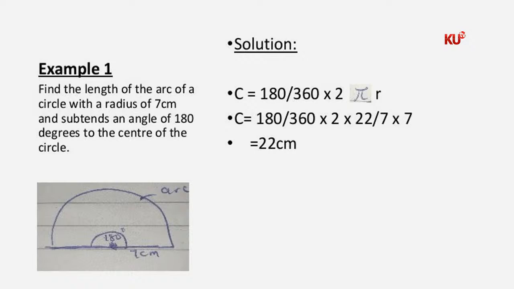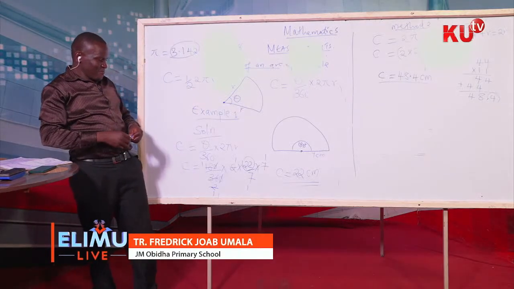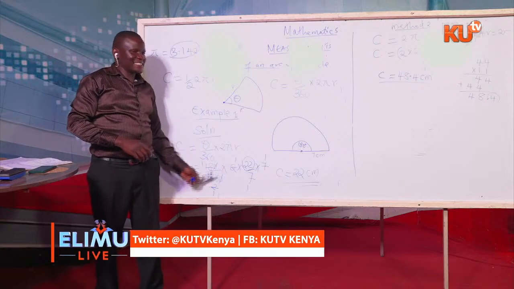So the length of our arc is 22 centimeters. And the arc that we were given has formed a semicircle. The circumference of a semicircle will be found by the formula a half 2 pi r. So this a half has come from 180 over 360.